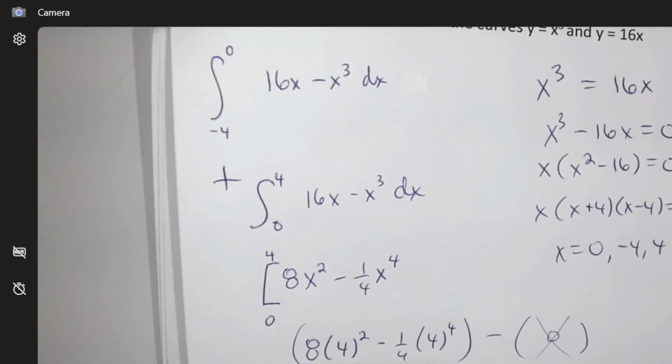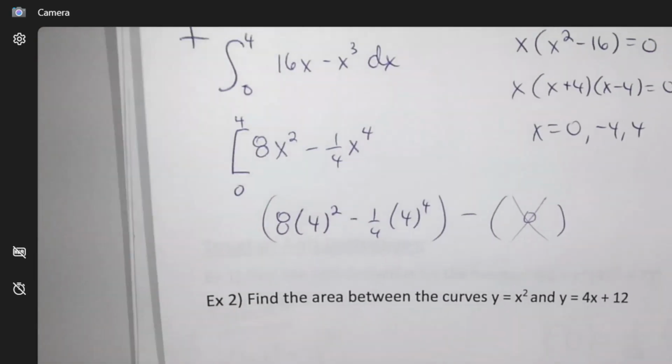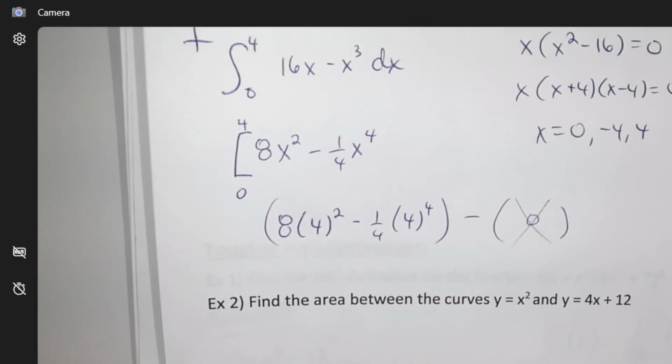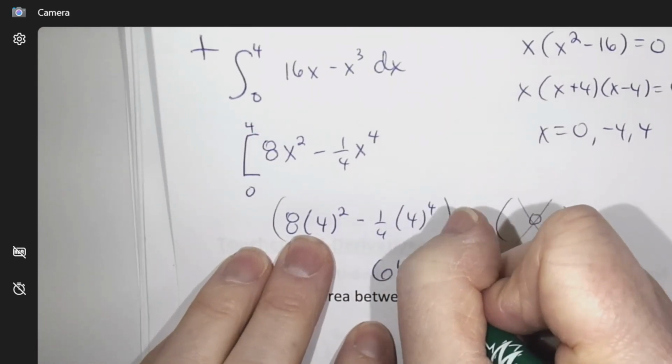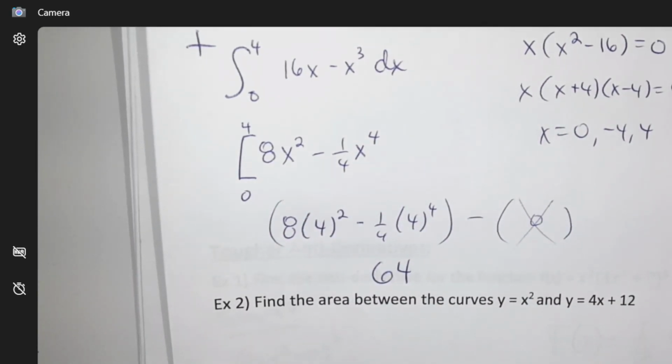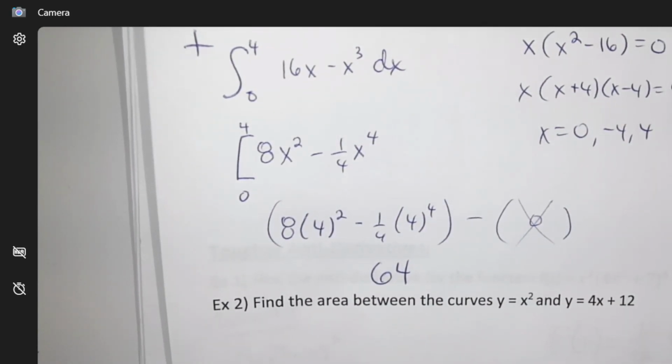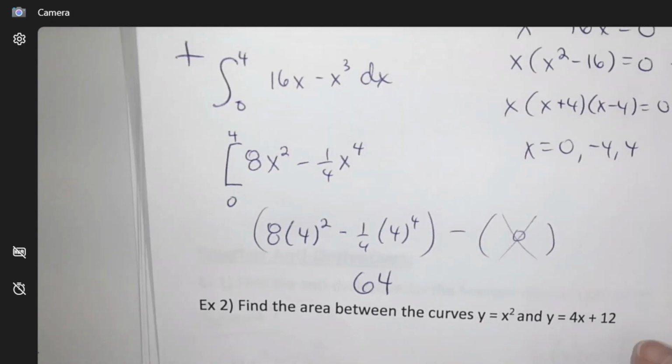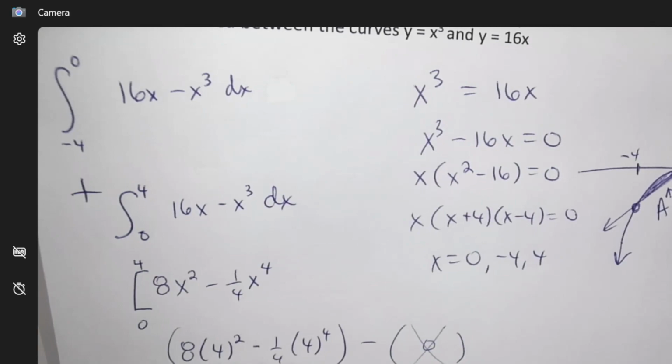Subtract, plug in a 0. So I got 64. So this area in this zone is 64.